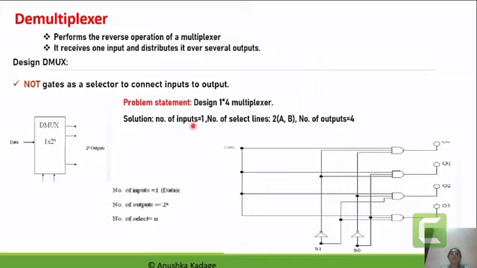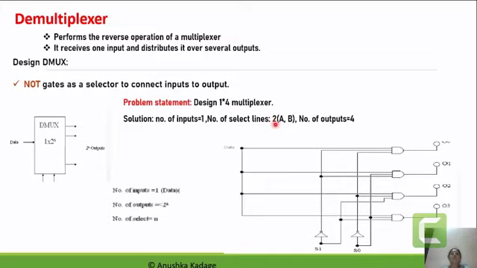So we are finding that the number of inputs for this block will be 1, while the number of outputs will be 4. But 4 is equal to 2 raised to 2. So the n value for this case comes out to be 2, and this n value indicates the number of select lines required for the implementation of this demultiplexer.